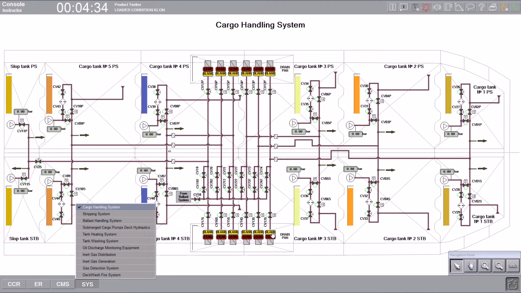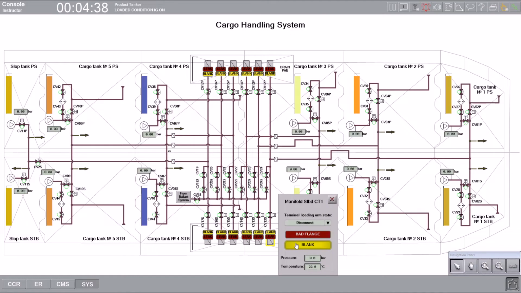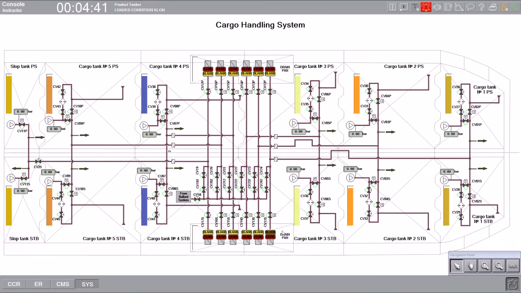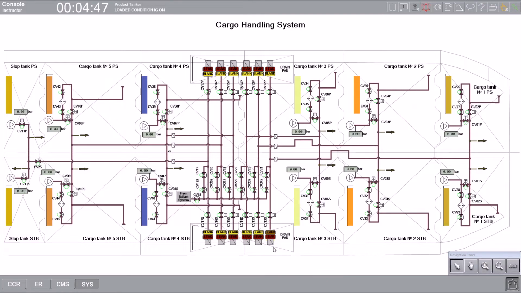First, we decide to discharge from 1 wings and 2 wings. The blank flange to be removed from the tank and connect. So that is a manifold connection without blank flange.